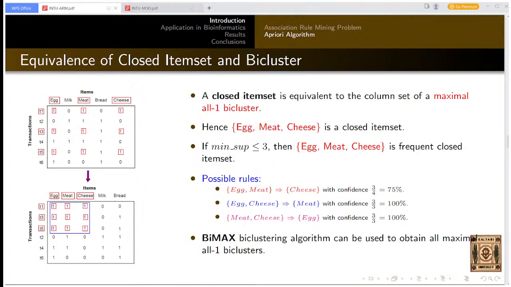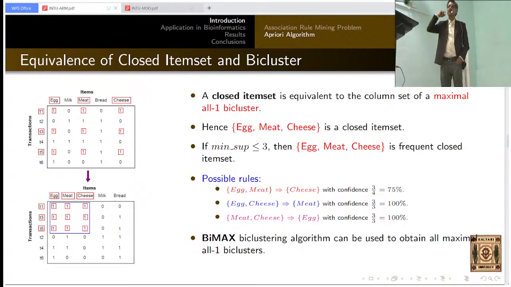Now, can you say that if we consider the columns of this matrix, these three items, this item set, is it a closed item set? What was the definition of a closed item set? Do you remember? The item set is closed if none of its supersets has the same support as this item set, or all of its supersets have lesser support than this item set.